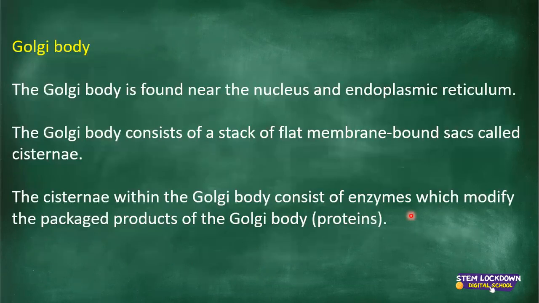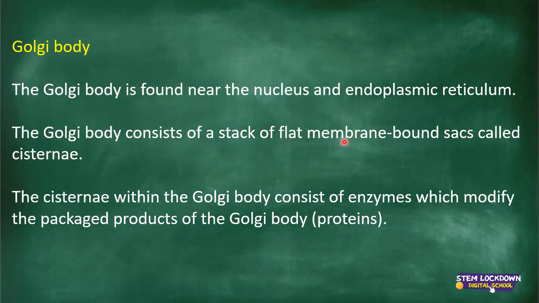So now we are moving on to the organelle called the Golgi body. This Golgi body, this organelle here, is found near the nucleus and endoplasmic reticulum. The Golgi body consists of a stack of flat membrane-bound sacs called cisternae. So it consists of a stack.